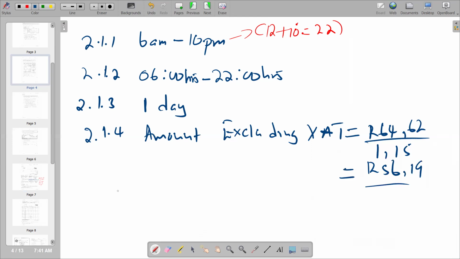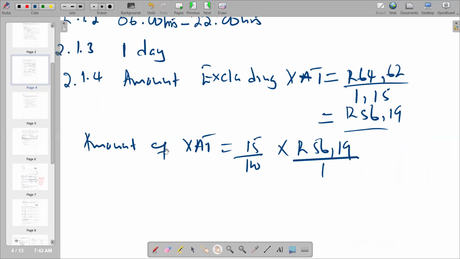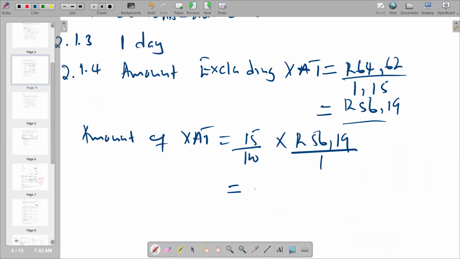So now to get your amount of VAT, it becomes now 15% of 56 rand 19 cents. So it now becomes 15%, which is 15 over 100, and then multiplied by 56 rand 19 cents. So basically, this is what we have, and then we calculate it as it is, and then you see that if you calculate it now, that's when you are supposed to get your 8 rand 43 cents. This is the figure that we are trying to prove. So this is the answer that we have.